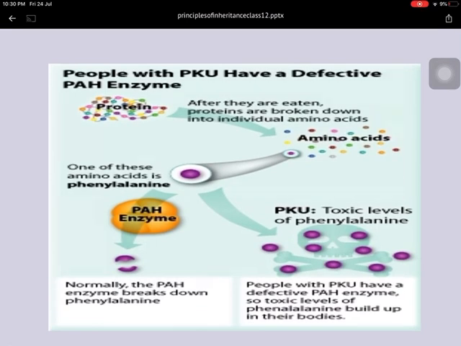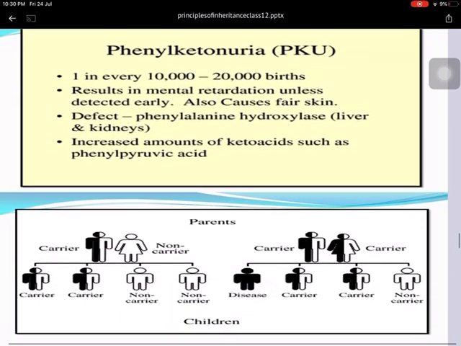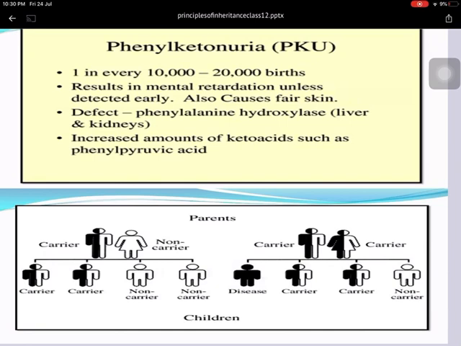So the PAH enzyme, phenylalanine hydroxylase, is deficient, the toxic level of phenylalanine increases, and it causes different types of ailments. In every 10,000 to 20,000 births, one person is suffering from phenylketonuria, and it causes mental retardation.